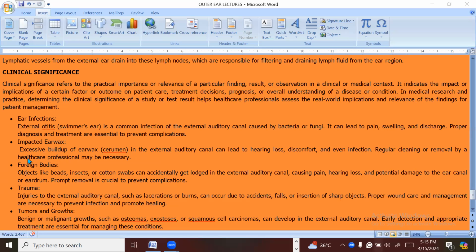Another clinical relevance is impacted earwax. Excessive buildup of earwax, cerumen, in the external auditory canal can lead to hearing loss, discomfort, and even what? Infection. So therefore, regular cleaning or removal of this is important.